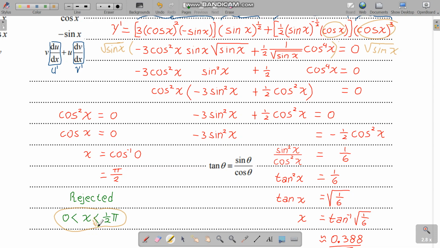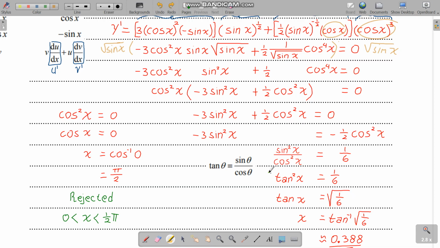There's no equal sign. Now for the other factor equals 0, you can move the 1/2 cos squared to the right. And then you can divide both sides by cos squared. Now sine squared over cos squared is tangent squared because of the MF19 formula. And we also divide both sides by minus 3 here. So minus 1/2 divided by minus 3, we get positive 1/6.